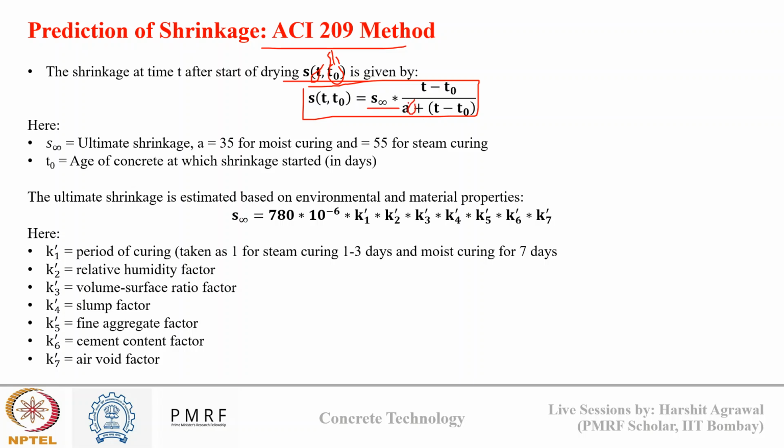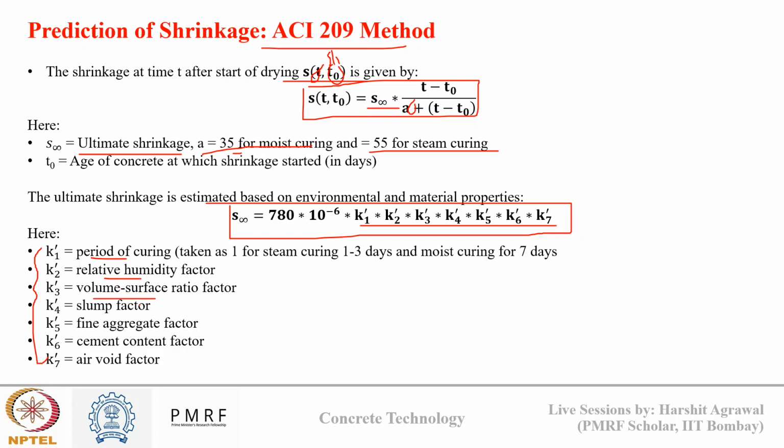So this a factor will change. For moist curing it is 35, for steam curing it is 55, and S infinity is the ultimate shrinkage. This is determined again by this equation where there are seven factors related to different properties: curing, RH, volume to surface area ratio, slump factor, fine aggregate, cement content, and air void content. So how do we determine these different factors?